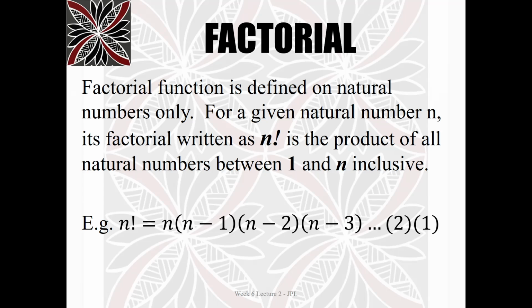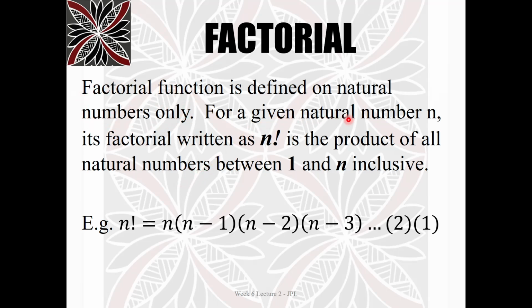Moving on, a factorial. This is going to be a new operation. A factorial function is defined on natural numbers only. This is for your level. On another level, you're going to be using factorials not on natural numbers, but for your level, we only define it on natural numbers.